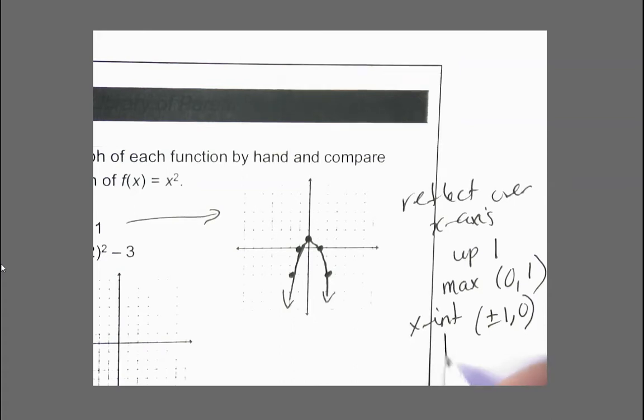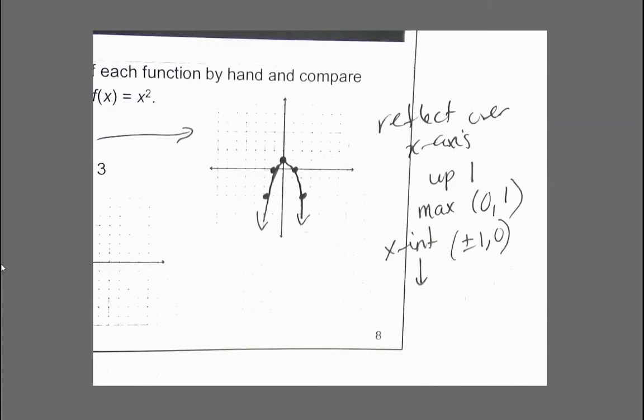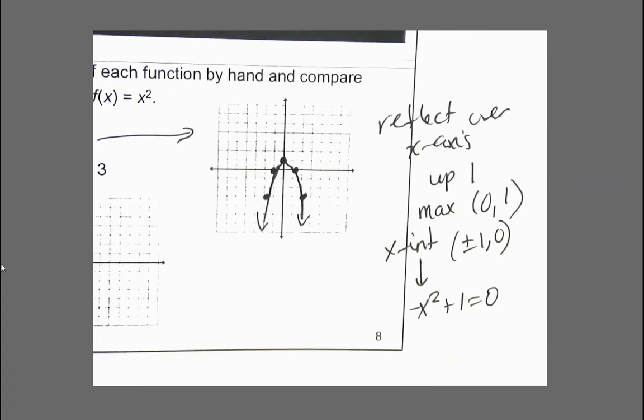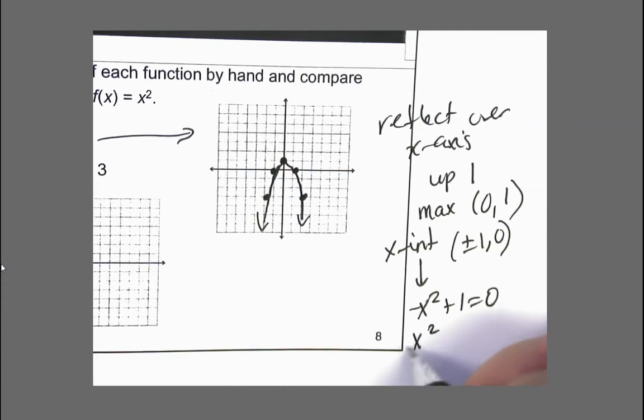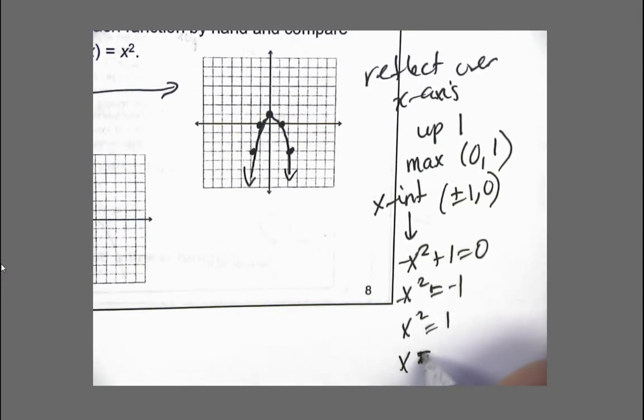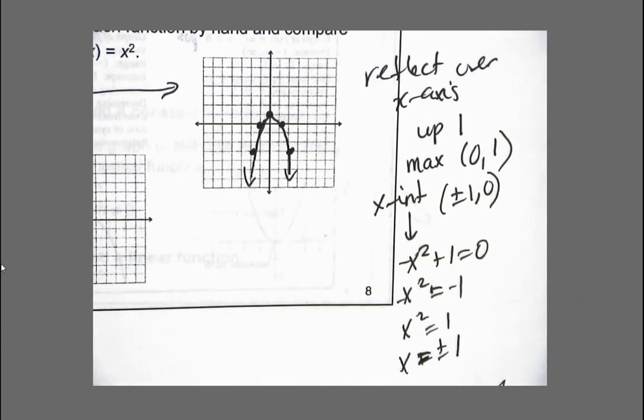So to get this, what was the equation? Negative x squared plus 1 equals 0, correct? And so you solve that, you get negative x squared equals negative 1, x squared equals 1. Oh, what's that x mean? Got two guys, plus or minus 1. Good? So if you can't look at it graphically, you should know how to do it algebraically.